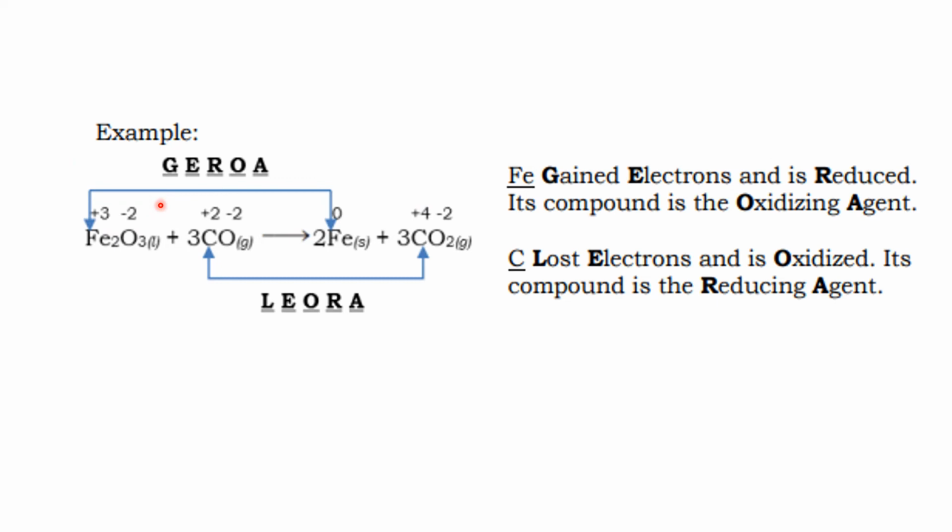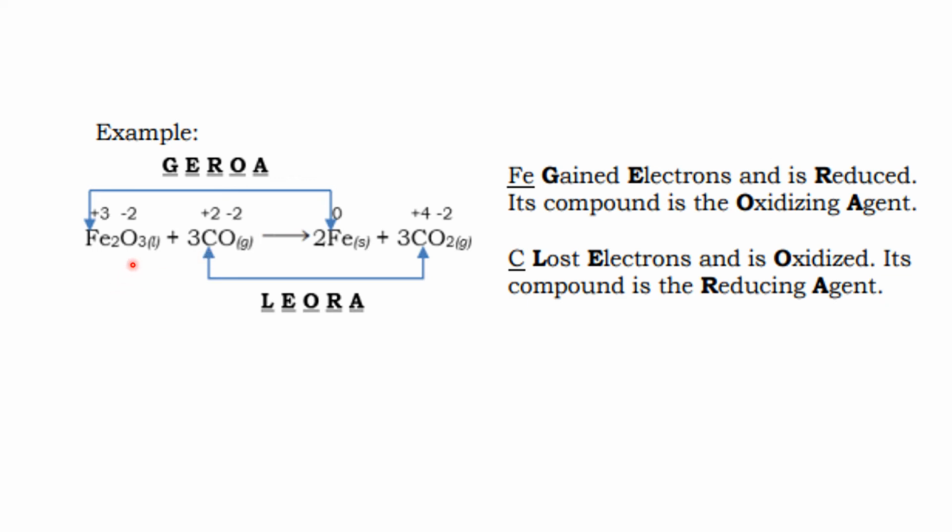So among the three, because we have identified that iron is the one that is reduced, which between oxygen and carbon did increase in oxidation number and is therefore labeled or identified as the oxidized substance or atom.